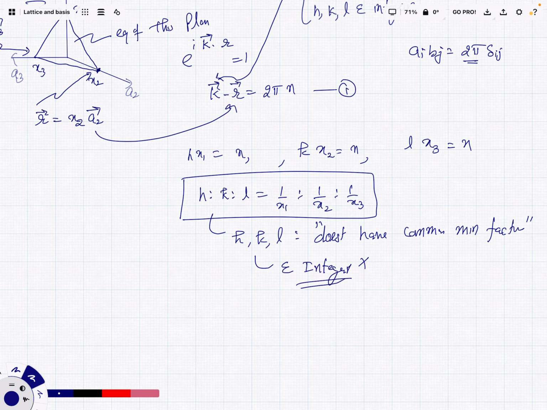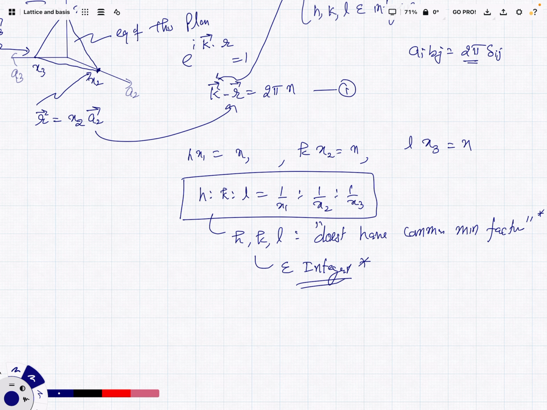If these two conditions are satisfied, by looking at the plane where it intercepts the axes, I know what the K vector perpendicular to it is. It's a very powerful statement. I took a crystal lattice plane, saw where it intercepted the axes, and got the reciprocal vector that was perpendicular to it.